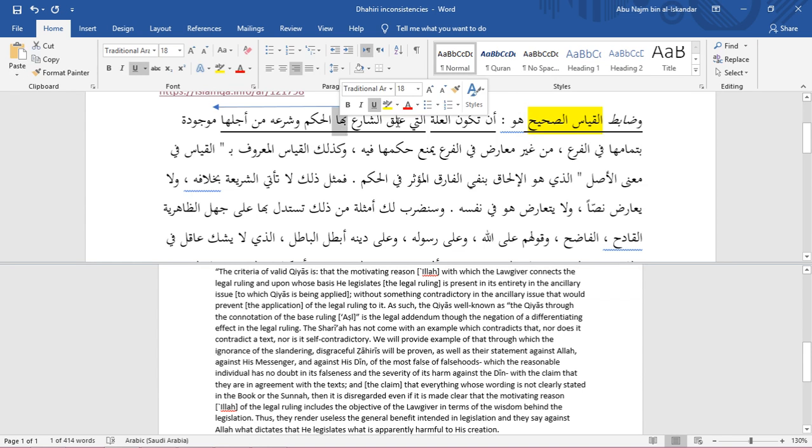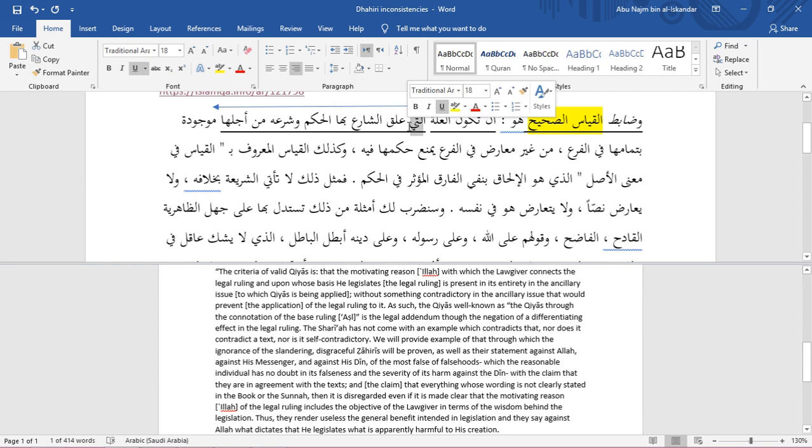But this biha actually goes with alaka. So when we have a preposition that's fixed to the verb, and it has a pronoun attached to it, and it starts out with a demonstrative pronoun, we say that the illa, or motivating reason, with which.